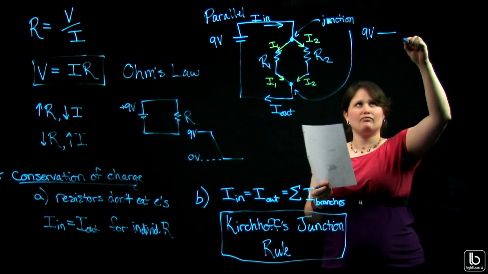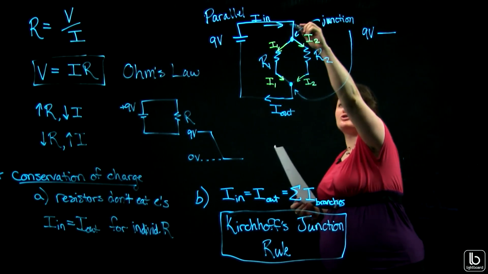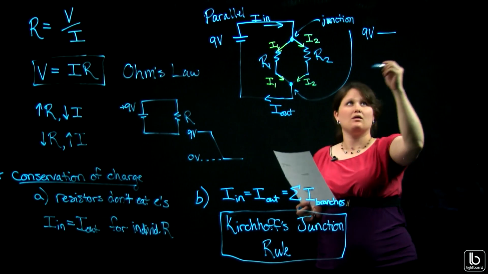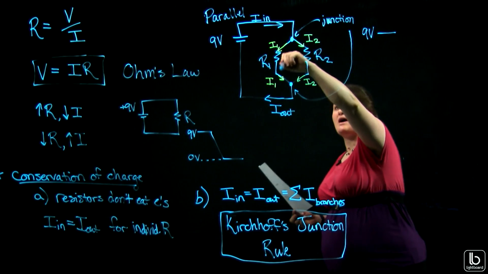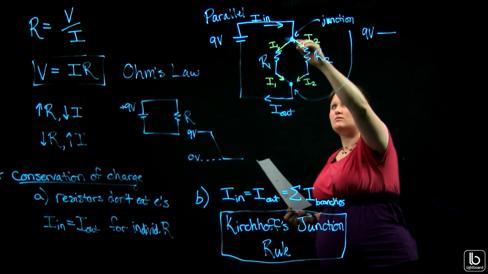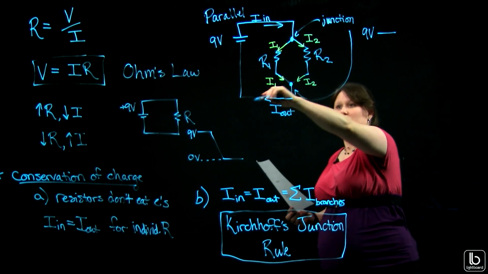So effectively, if I have some charge coming in, and let's say this one picks resistor 1. If I go through this path, I get this drop in voltage. I go from 9 to 0.